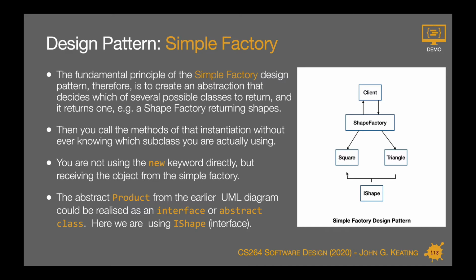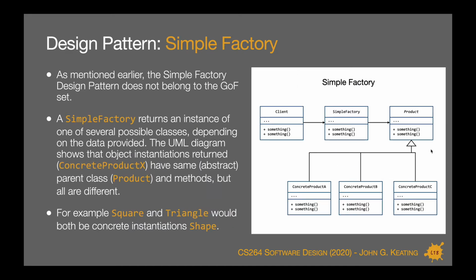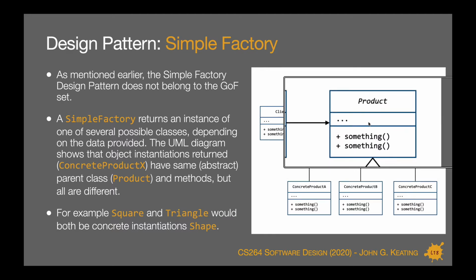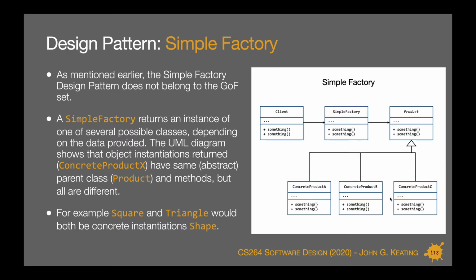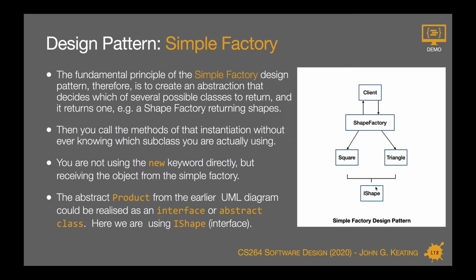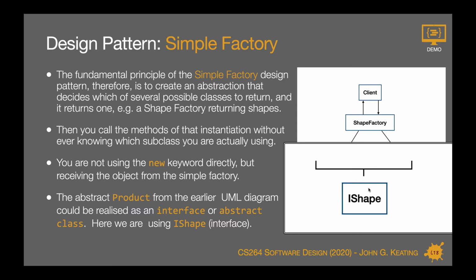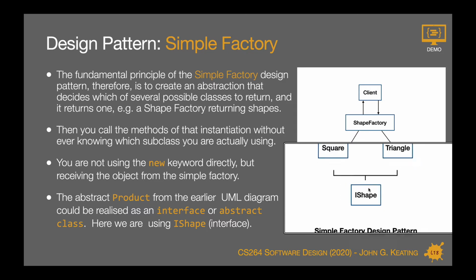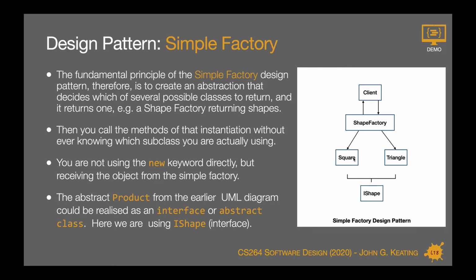This is slightly different in some respects, because in the previous example I would have had an abstract class here, and they would inherit an abstract class, because that's a way to do inheritance in C#. But of course, we can also use an interface to do this. It doesn't have to be an abstract class, and then it implements the methods or tells you the methods.